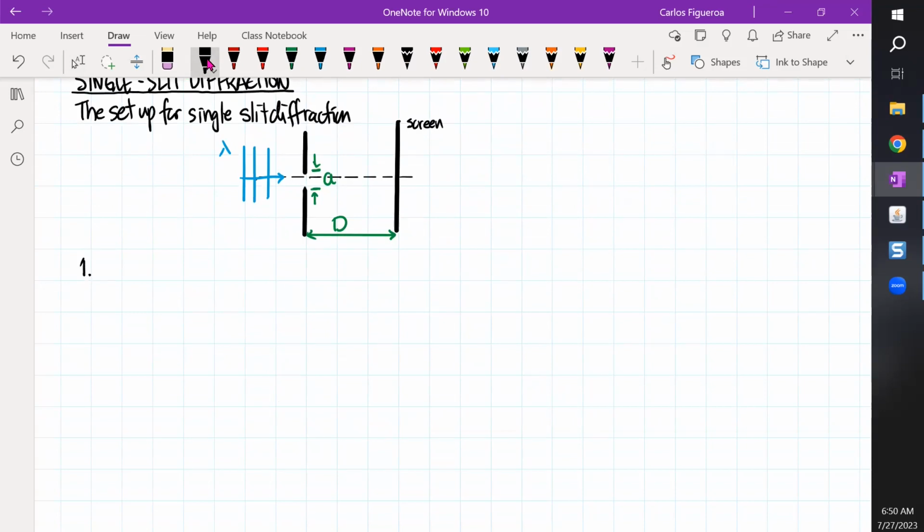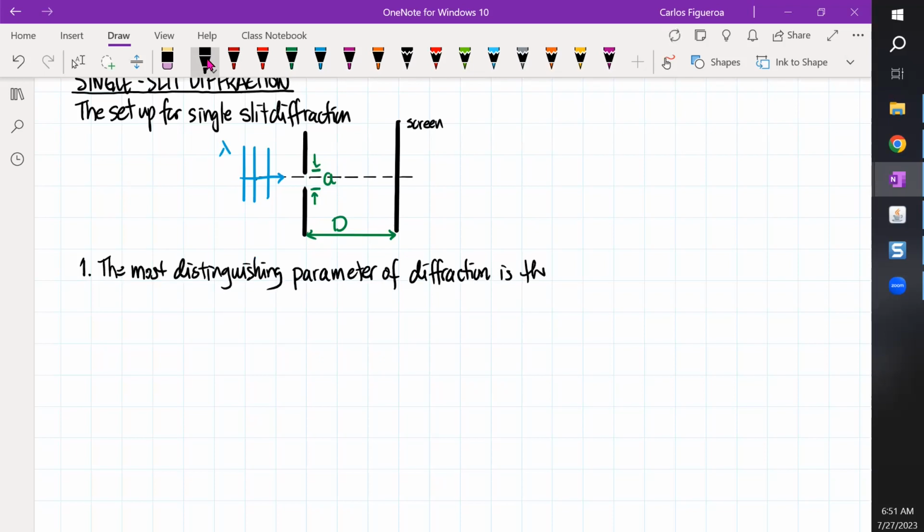One, the most distinguishing feature or parameter of diffraction is the slit opening, which is defined as A.